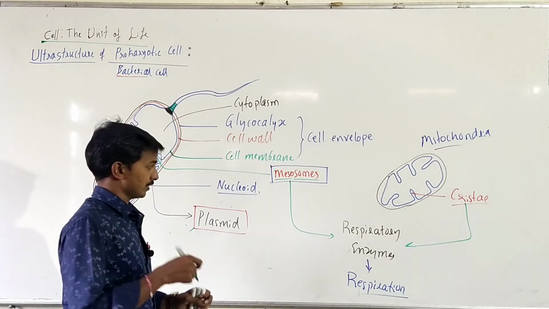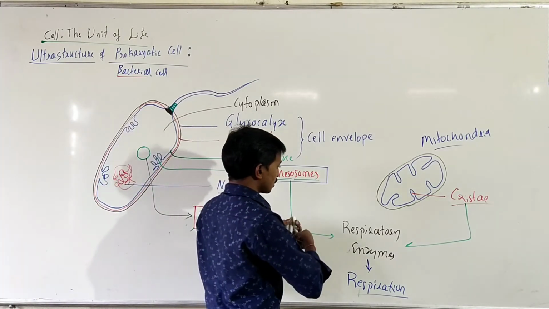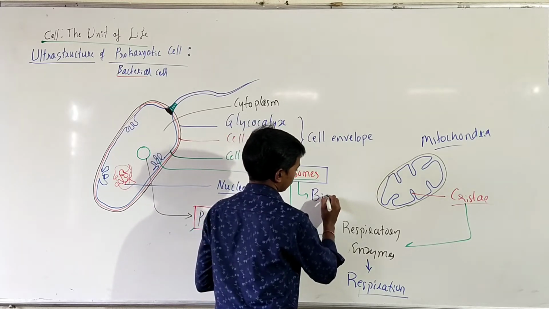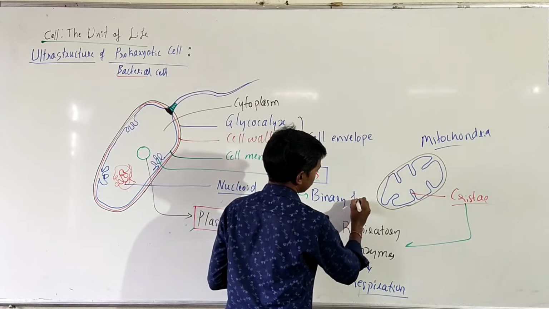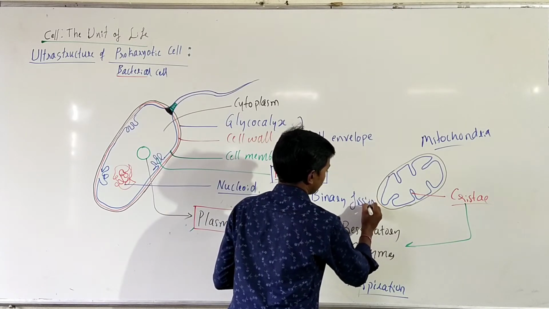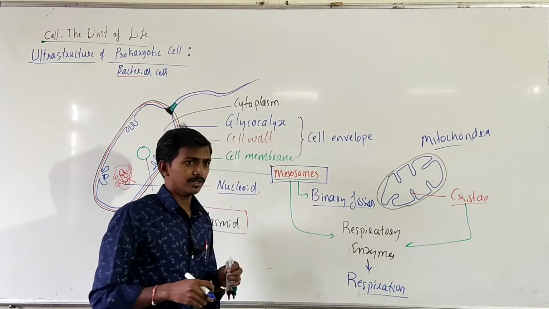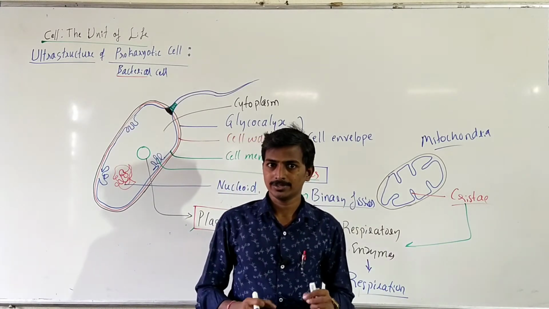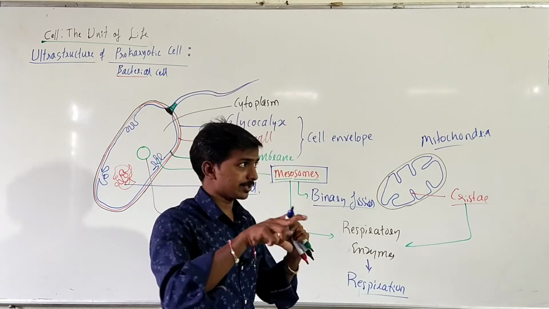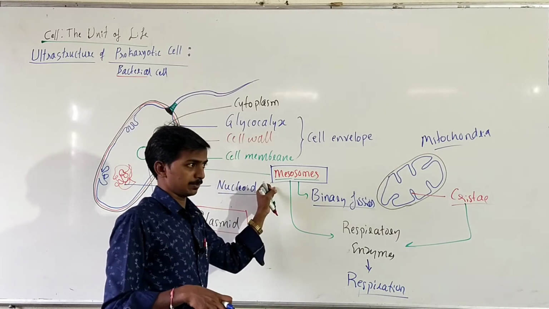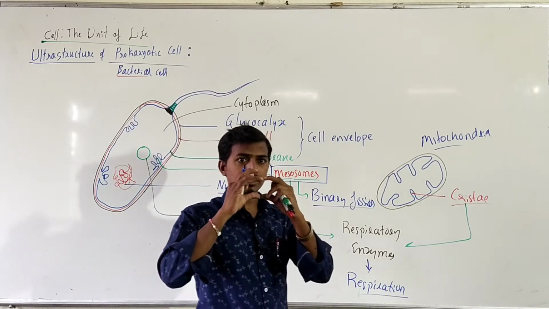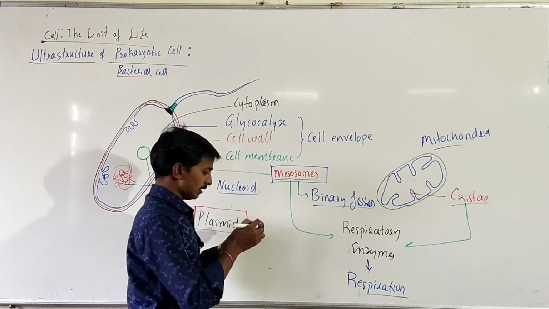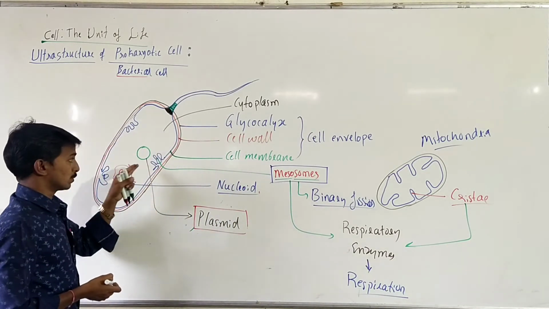Along with respiration, the mesosomes also help in binary fission. Binary fission means one bacterium divides equally into two bacteria. In that process, the mesosomes also help, because on the inner surface and outer surface of the bacteria, meaning upper as well as lower, there are mesosomes.